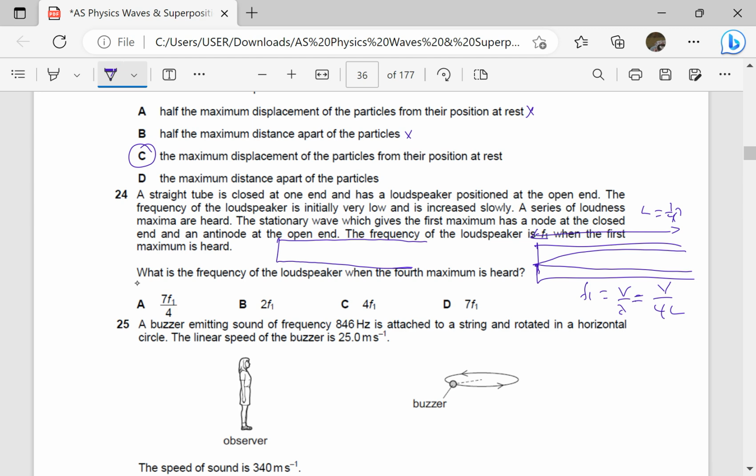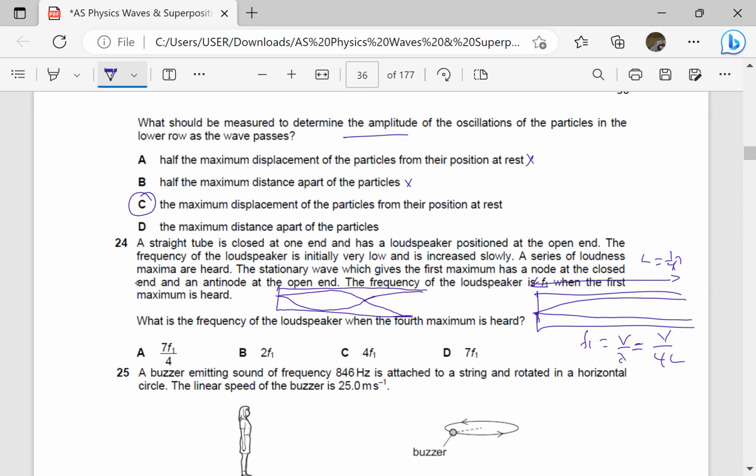The second maximum will give us one node. The third maximum will give us another node. Then the fourth maximum, I will show it here.